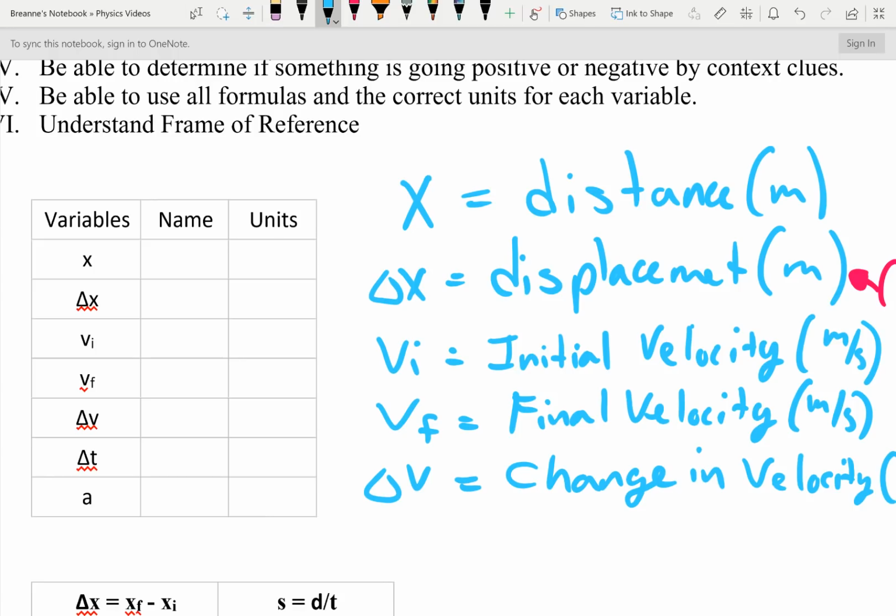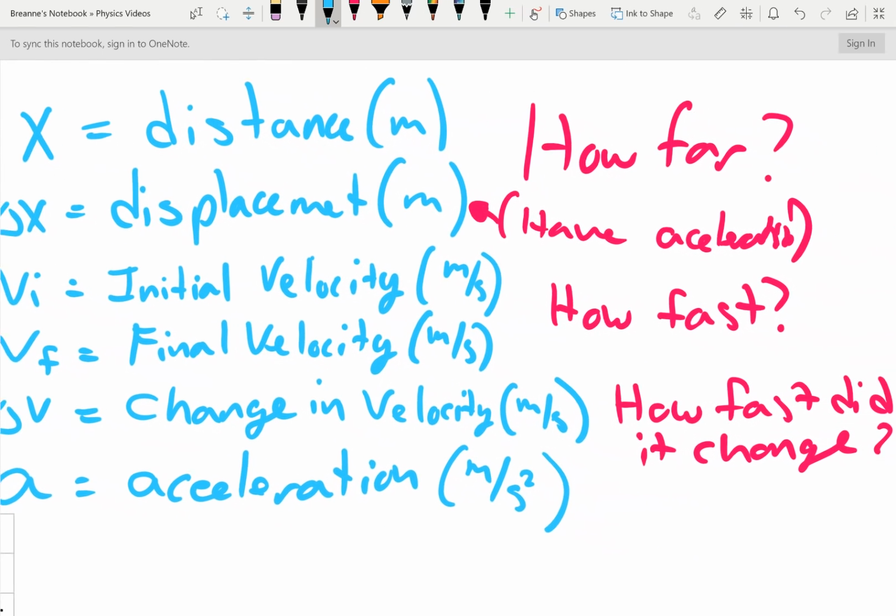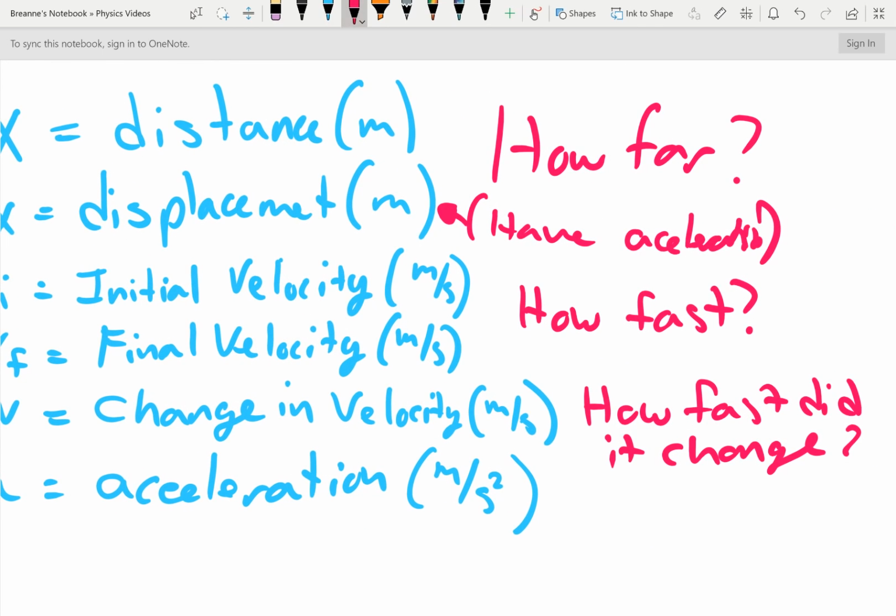And last but not least, a is acceleration. That is measured in meters per second squared. That squared is just to the seconds. It does not affect the magnitude or the number at all. That is just to the unit.